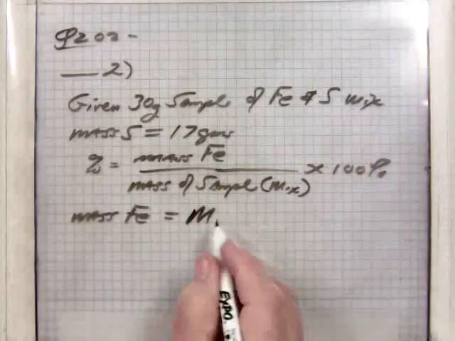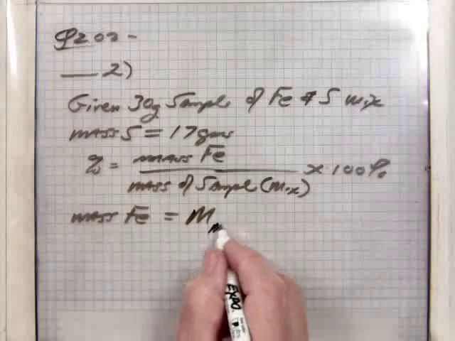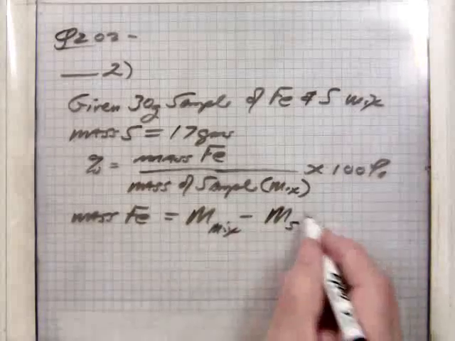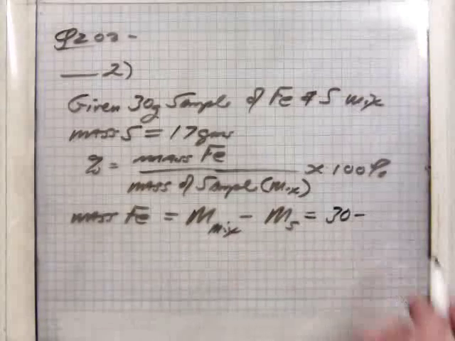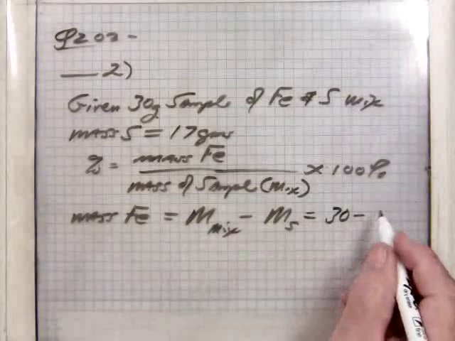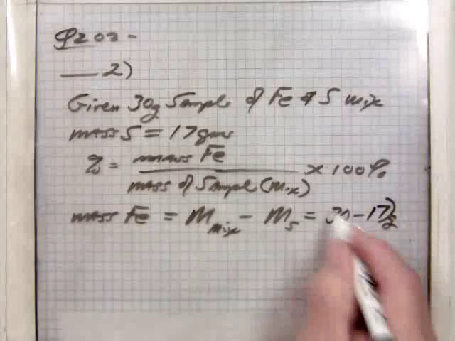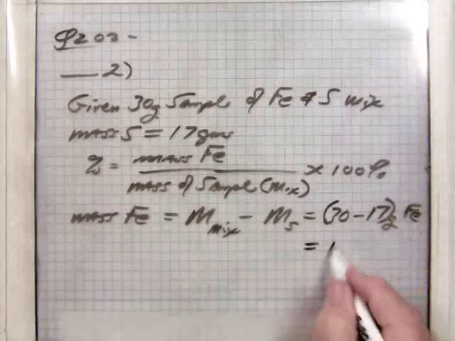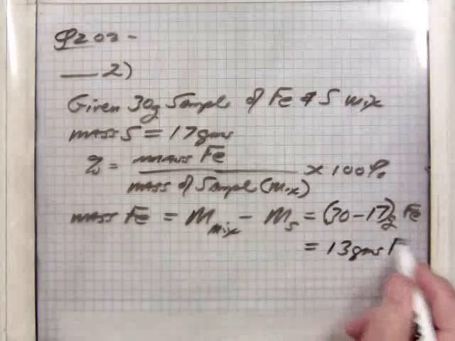This is M for mass. Mix minus the mass of sulfur, and that's 30 minus 17 grams of iron, and that's 13 grams of iron.